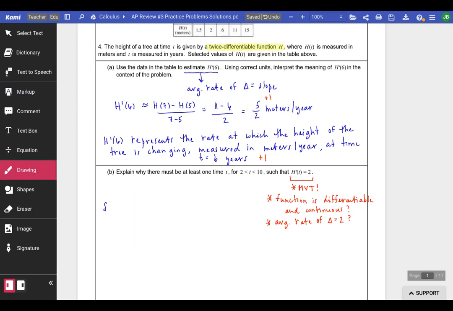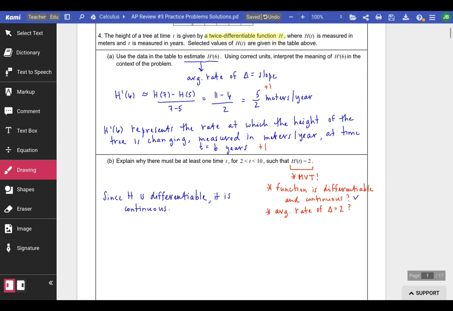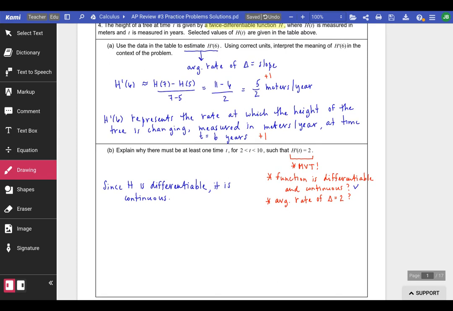So I'm going to say since h is differentiable, it is also continuous. We know that in order to be differentiable, you have to be continuous. So we've met our first criteria. Now I want to check on the average rate of change.